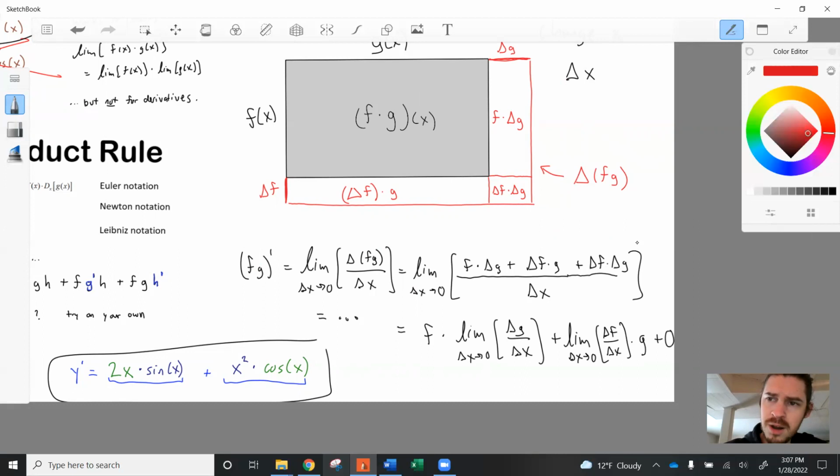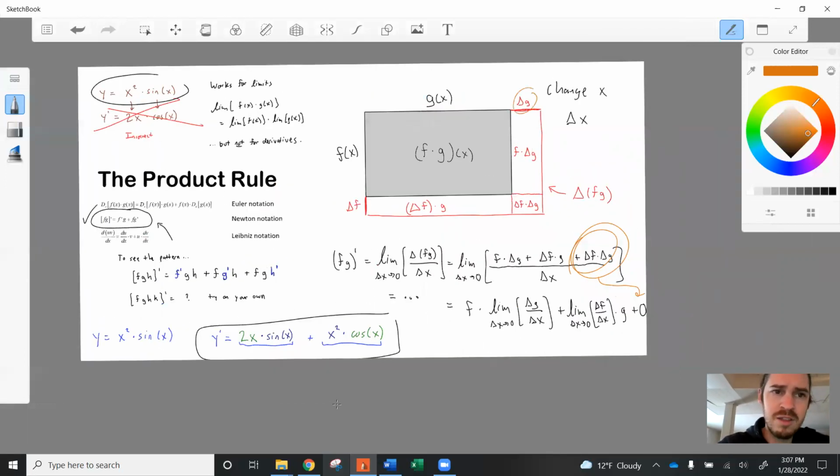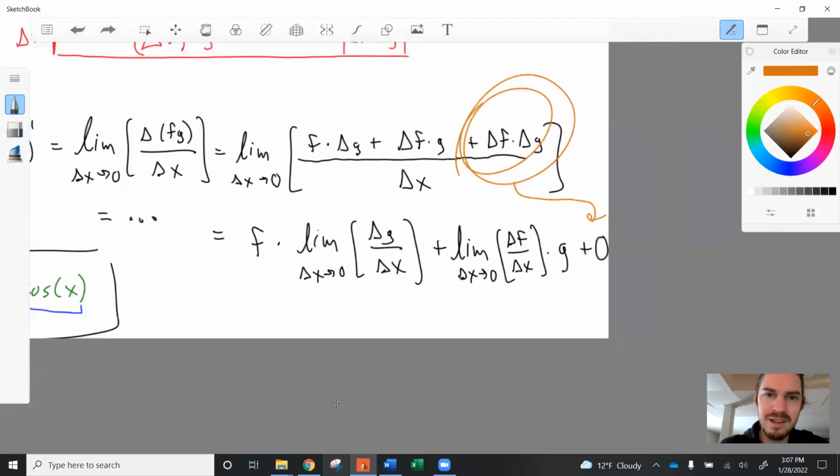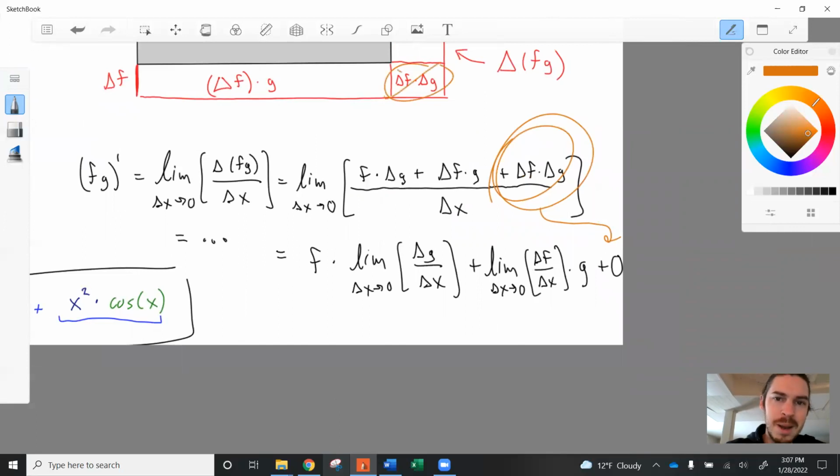The last part, I'll wave my hands around this and not give you a particularly satisfying explanation. That last part ends up being negligible. Basically, as delta x gets smaller, that's going to get smaller. This part and this part are going to matter, but this part doesn't matter. It's too small. So that's the general idea: that last little bit, that little corner there, goes to 0.